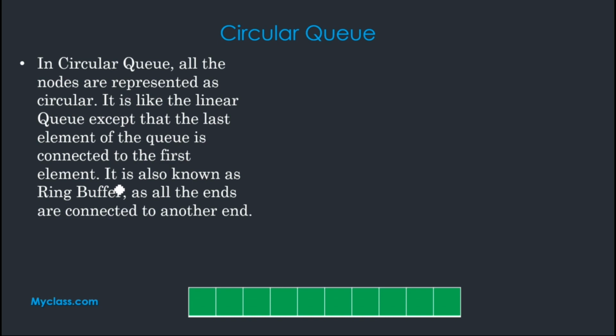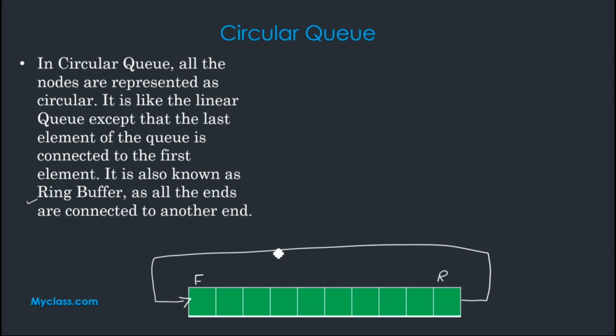It is also known as a ring buffer, as all the ends are connected to another end. Let's assume this is our front side and this is our rear side. There is always a connection between the front and rear side.